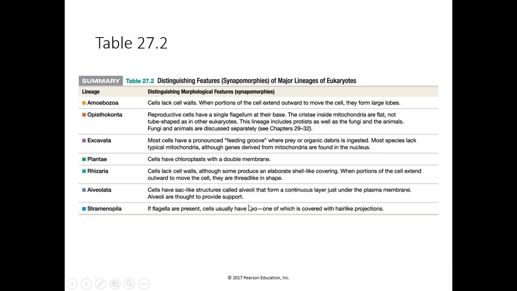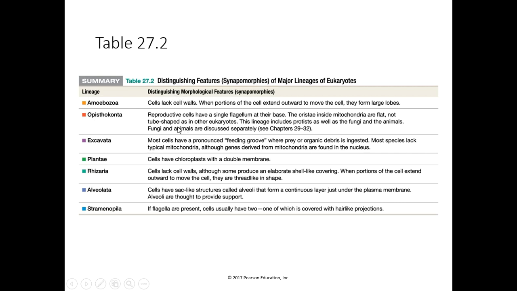Here are the distinguishing features, or the synapomorphies, of the major lineages of eukaryotes, and you can take a look at these. We have the Amoebozoa, cells lacking cell walls. Opisthokonta, reproductive cells with a single flagellum at their base. Again, these are just ways of distinguishing these eukaryotes.